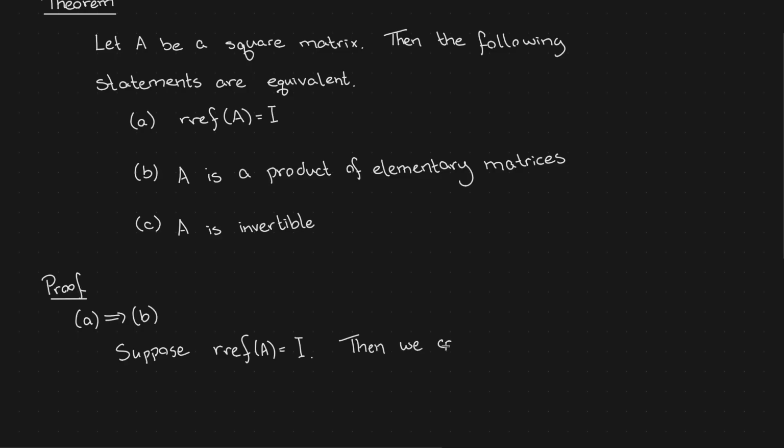Then we can transform A into the identity matrix I using elementary row operations.